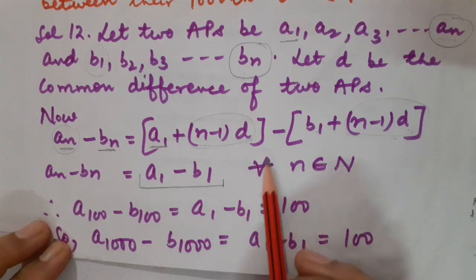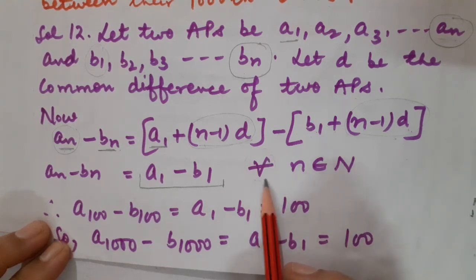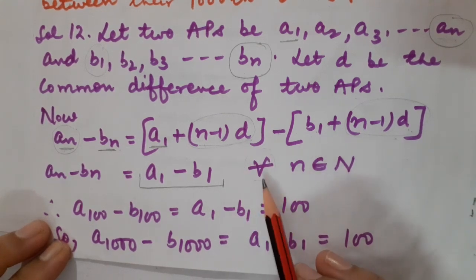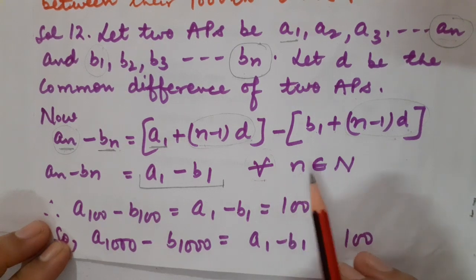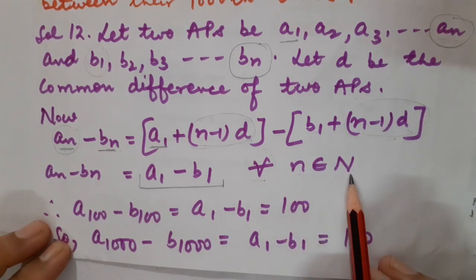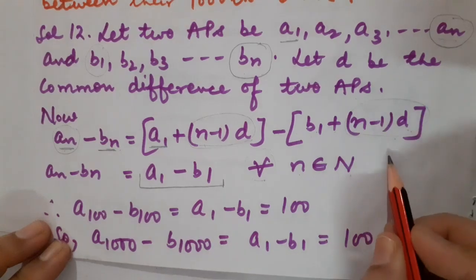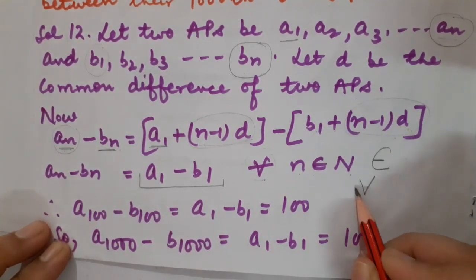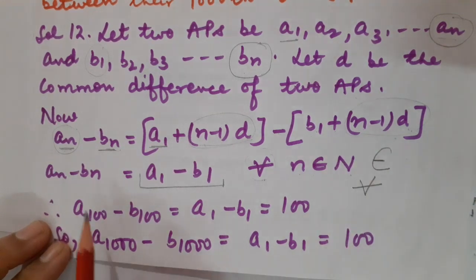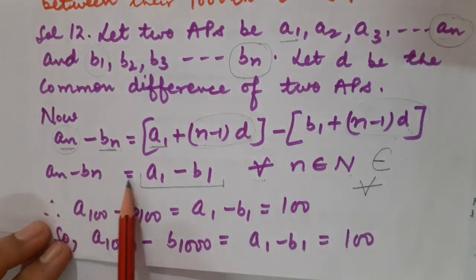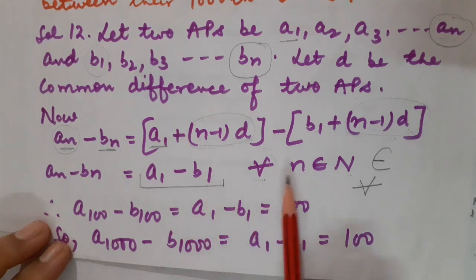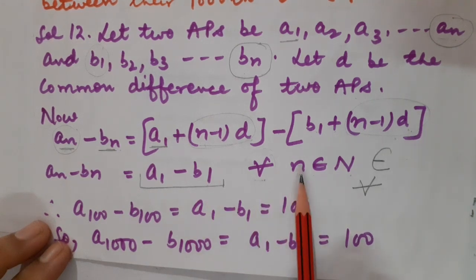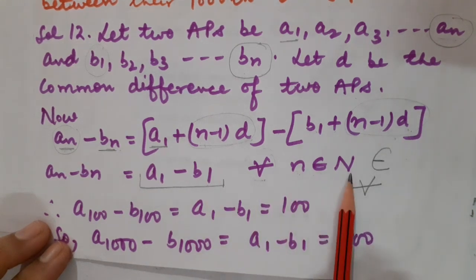Children, this is the symbol of for all. We call it in English as for all. For all the values of N where N belongs to the set of natural numbers. This is the symbol of belongs to. Fine. And this is the symbol of for all. Correct? So AN minus BN is equal to A1 minus B1 for all the values of N where N belongs to the set of natural numbers.